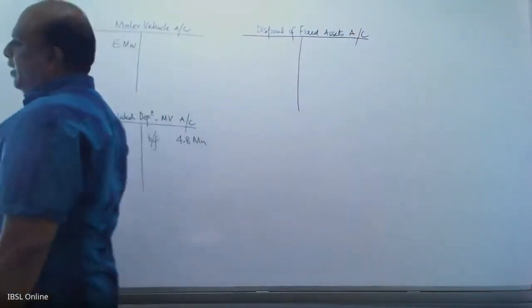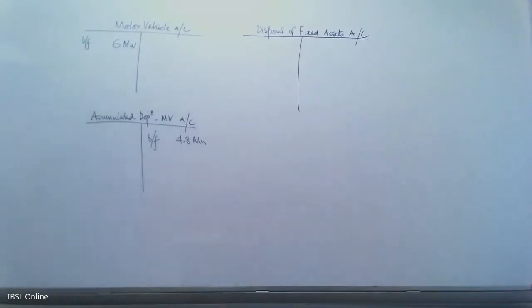We open a new account called disposal of fixed assets, and using this account only, we are going to remove the asset.